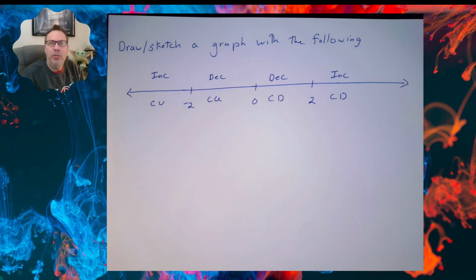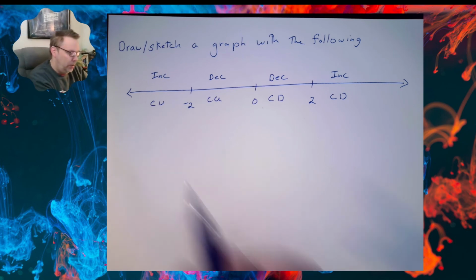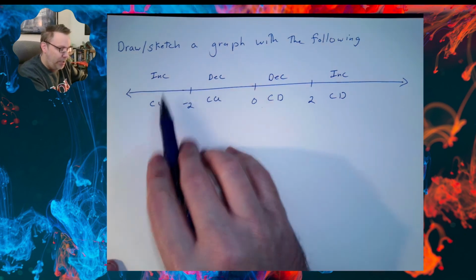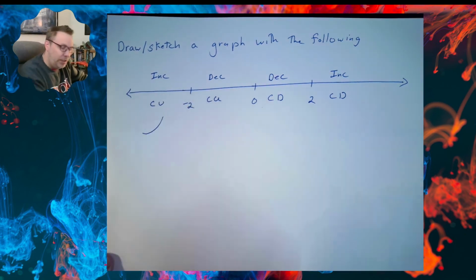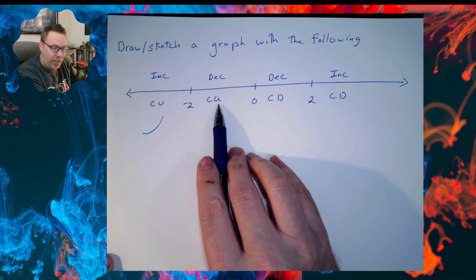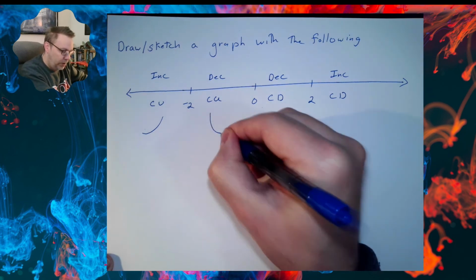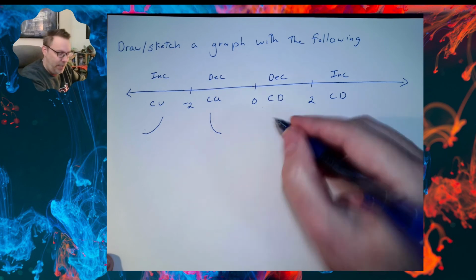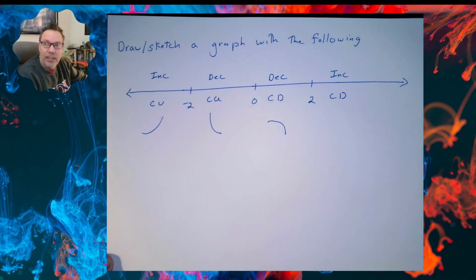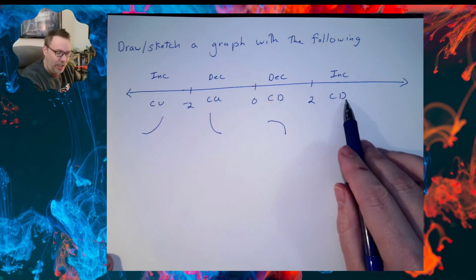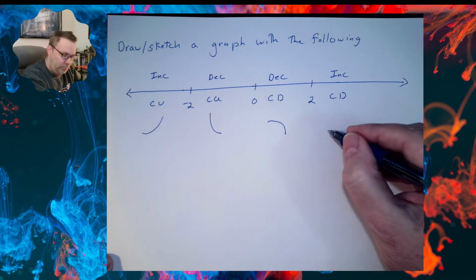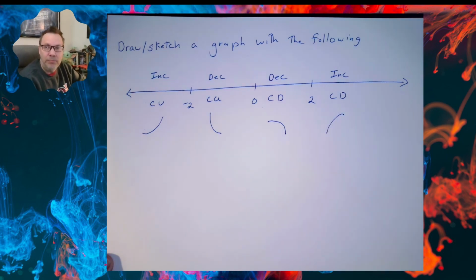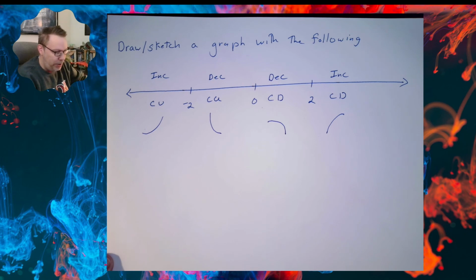In this particular problem, I'm asking you to kind of go backwards here. So I'm going to do the same thing I do in many of the problems. Increasing concave up looks like this. Decreasing concave up looks like that. Decreasing concave down looks something like this. Increasing concave down looks something like this.